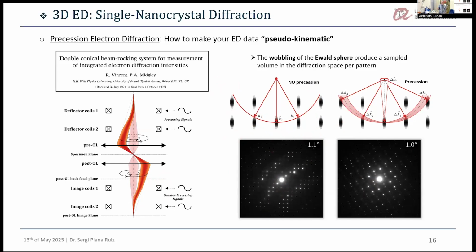If we apply precession, we are effectively wobbling the Ewald sphere in the diffraction space. So we are integrating a volume in the diffraction space into our pattern. And for example, here we can see that by using precession, we are touching this reflection, while here we are not. And that's the reason why we see more and more reflections while we are increasing the precession angle on the acquisition.